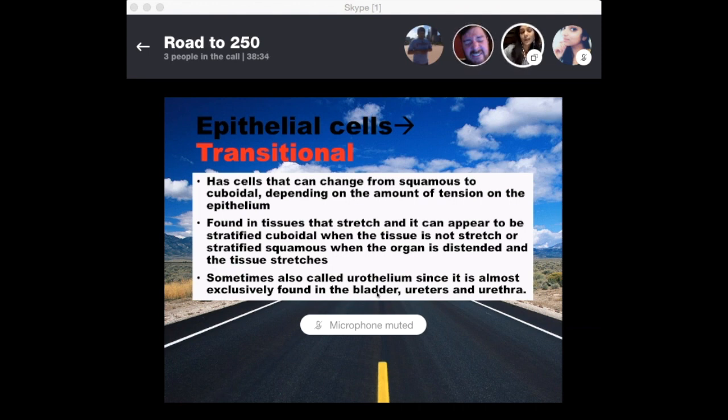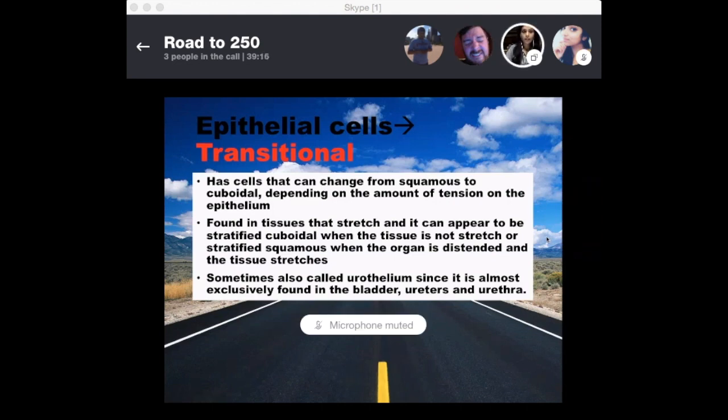Yeah, so in a vignette, you can use your context clues of what you know, and if they're talking about a patient who has maybe hematuria, you can consider transitional cell carcinoma as a differential. Gotcha. Thank you. Yeah. Anything else?